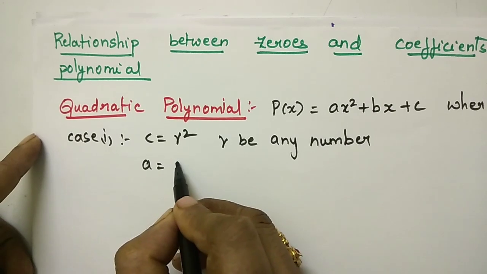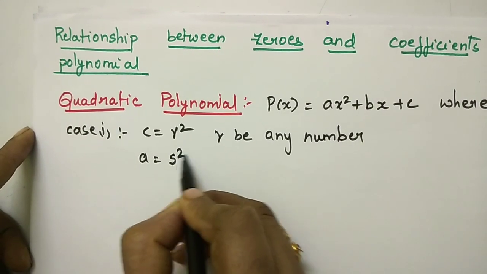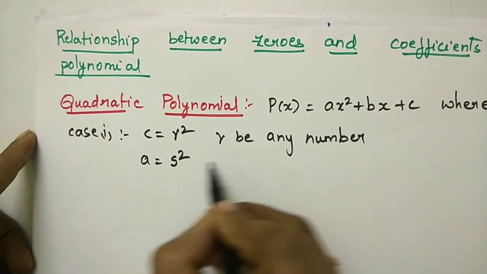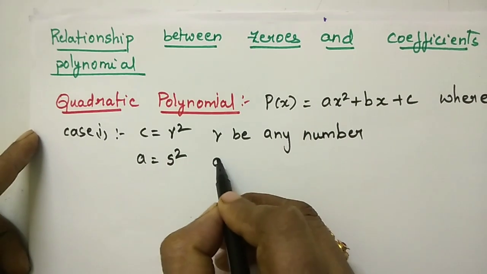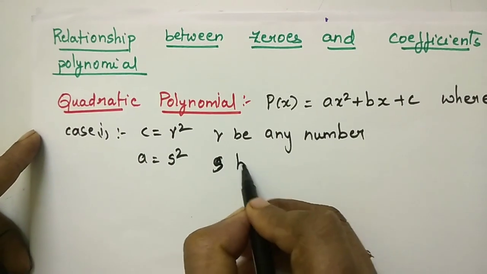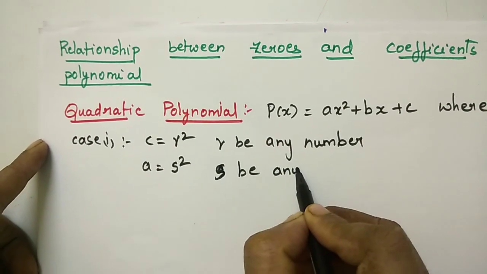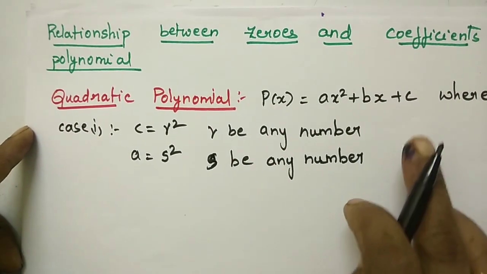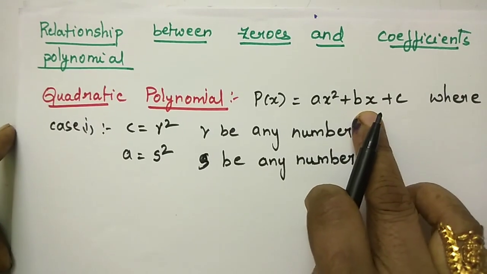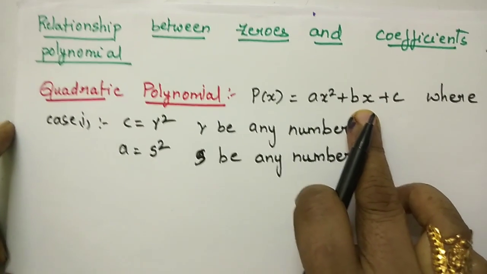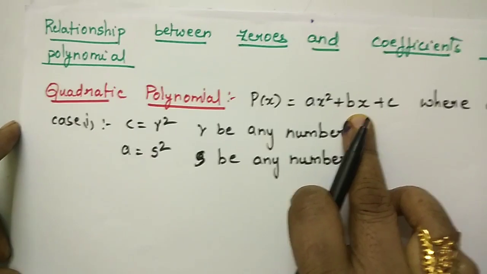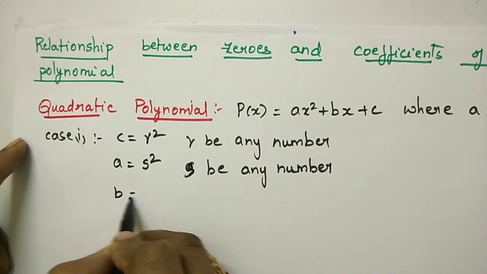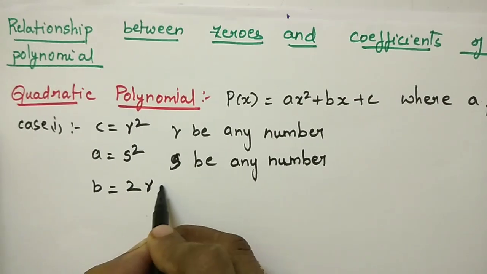Let it be equal to s square. That is, we have to check whether a can be expressed as a square of a number. Next, at last, we look at the middle term, the coefficient of x. What is the coefficient of x here? It is b, and we check whether it can be expressed as 2 into r into s.